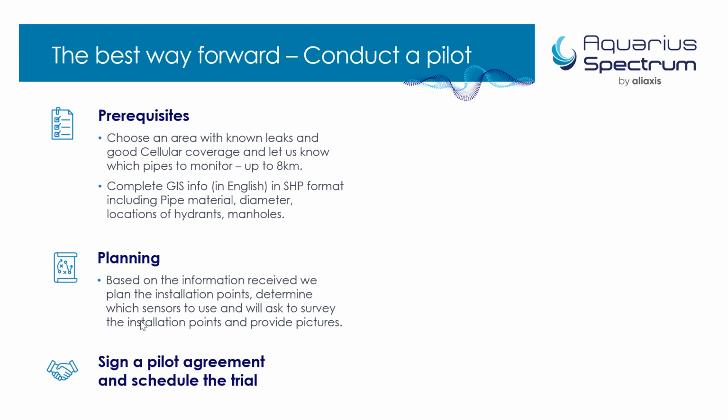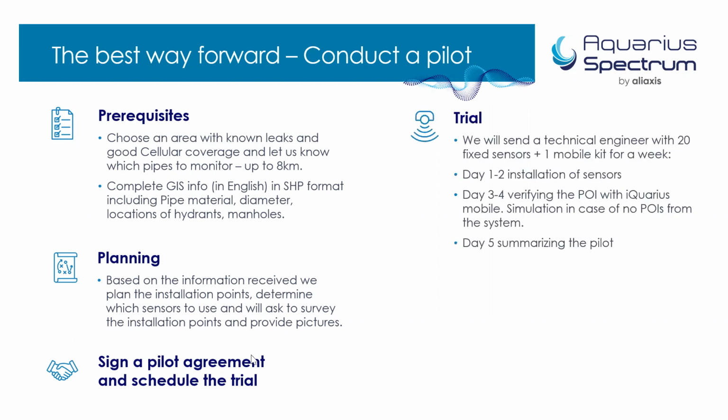So based on the information received, we plan which sensors we're going to use. We plan the installations in the analysis engine. We sign a pilot agreement and we schedule a trial. So usually we would send an engineer a kit with 20 fixed sensors and one mobile kit as well.